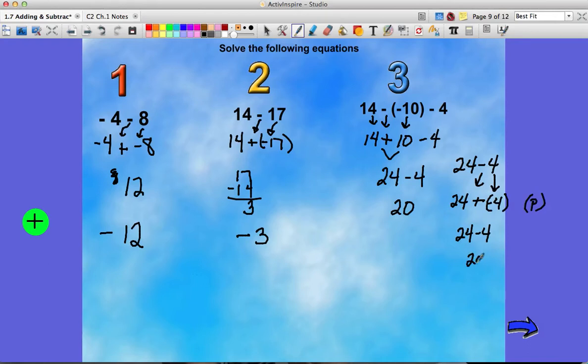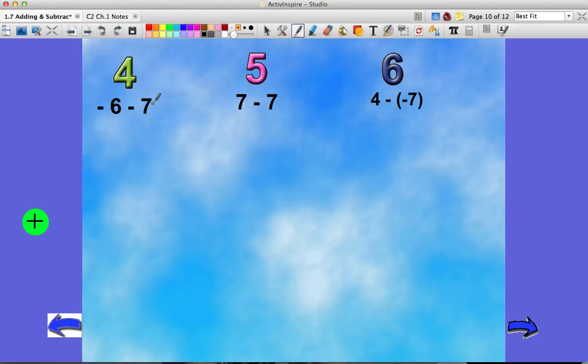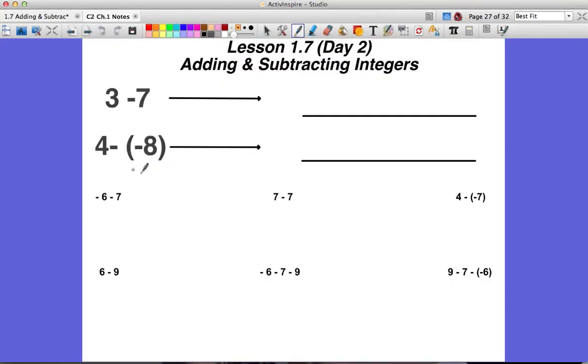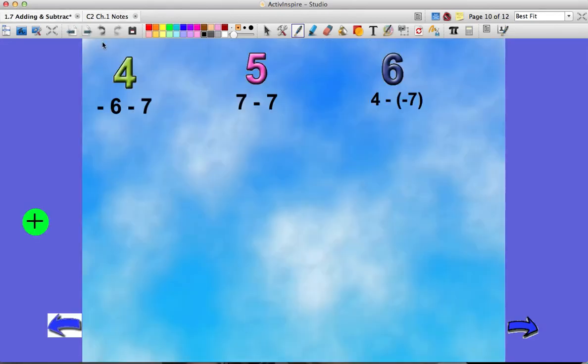And I would get 20, and my answer would still be that positive 20. So this, you'll see, is actually the exact same as this. Okay, so I'd like you to do now is you have these 3 problems. I'd like you to try them on your own, and when you come back, we'll go over your answers.